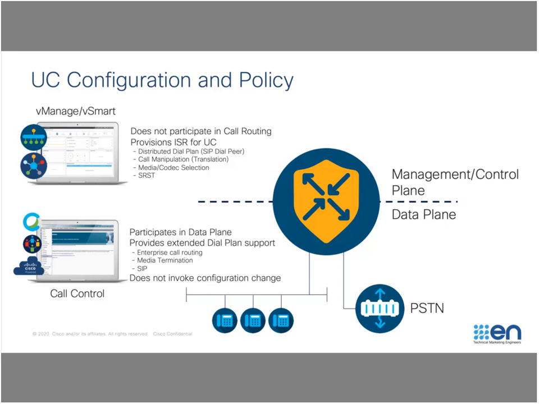There is no additional controller to be aware of from an SD-WAN perspective. vSmart really isn't even aware of any of these phone calls, anything that the router is doing. There's no special routes, there's no special OMP updates or anything like that that have been added. We're really just talking about some new templates that were built into vManage to push down UC functionality onto the router configuration-wise. Once that functionality has been pushed down onto the router, it can then interact with the call control servers via the data plane.